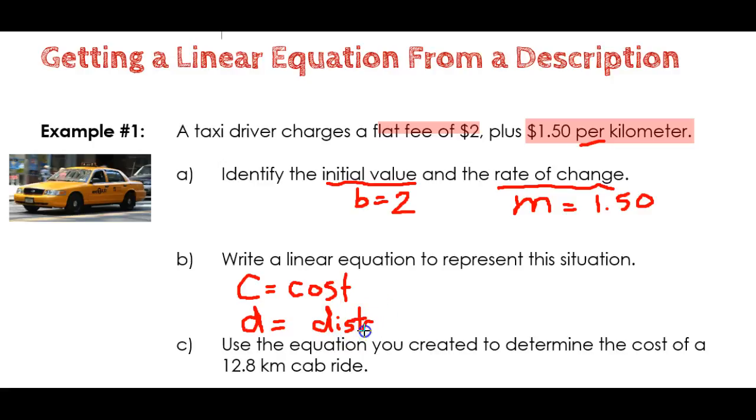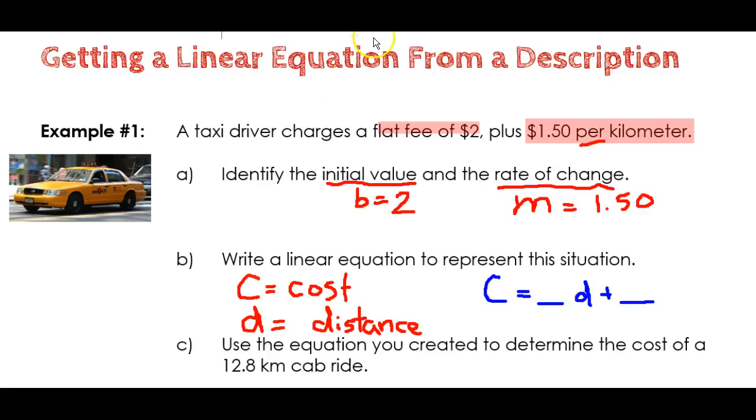I just happened to choose these. So you'll remember that I'm going to write this in slope-intercept form. And so I know my cost is going to be equal to my slope multiplied by my other variable distance plus the value of my y-intercept in this case, right? Really, if I think about it, it's actually my c-intercept because c is replacing y in the equation.